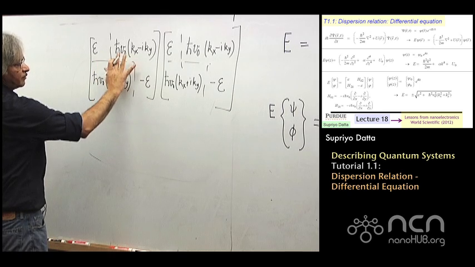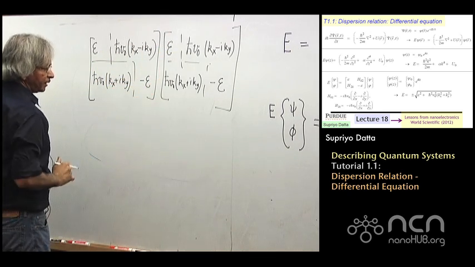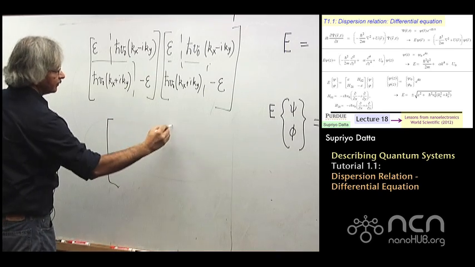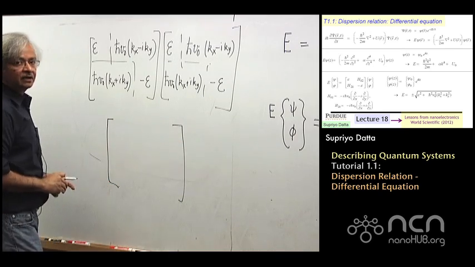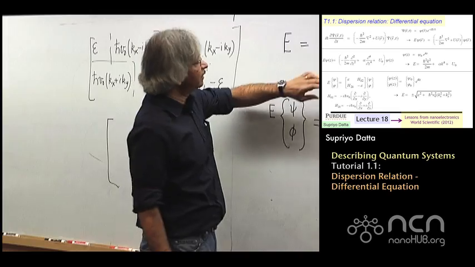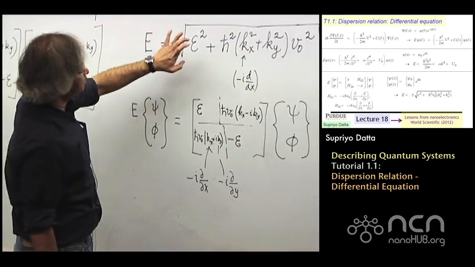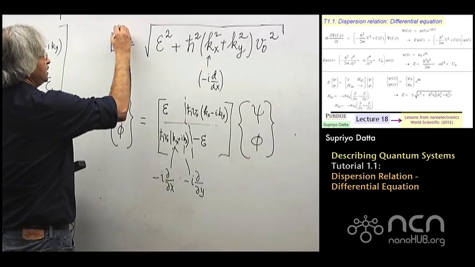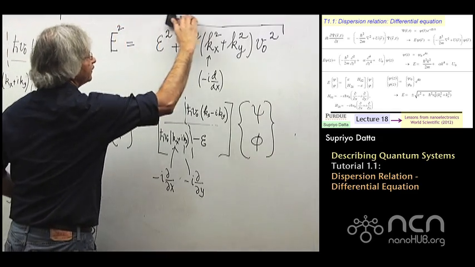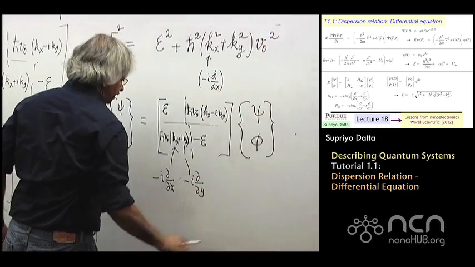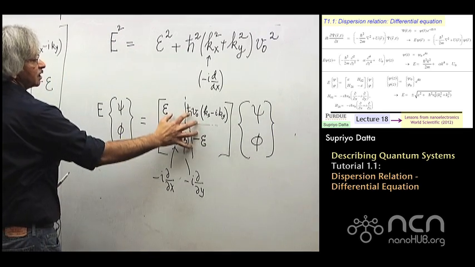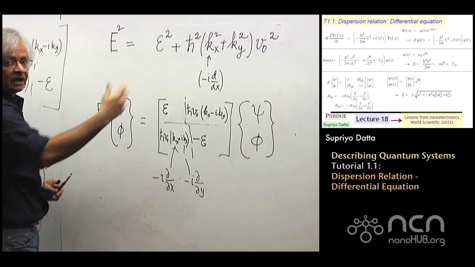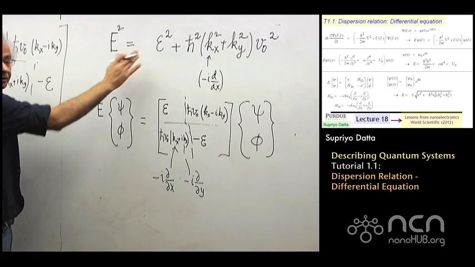So this is this matrix operator, and you're multiplying it by another matrix. What I claim is, if we go back to this thing, we want E to be equal to the square root of that, which means we want E squared to be this. And what I'll show is that if you take this operator and multiply it by itself, you basically get this quantity times an identity matrix, a 2 by 2 identity matrix.